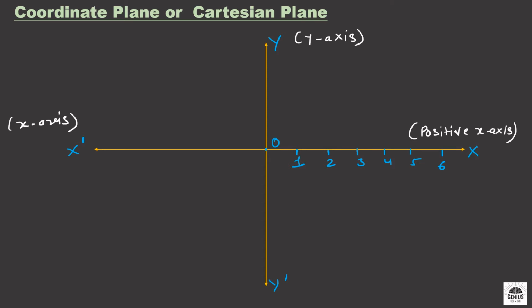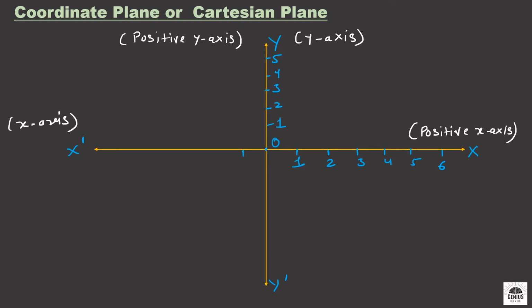Now we will mark the positive numbers in the direction OY: 1, 2, 3, 4, 5 and so on, and this is known as the positive y-axis. The negative numbers lie in the direction OX dash and OY dash.